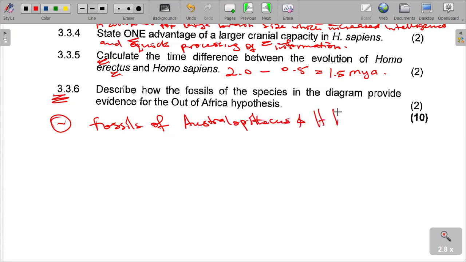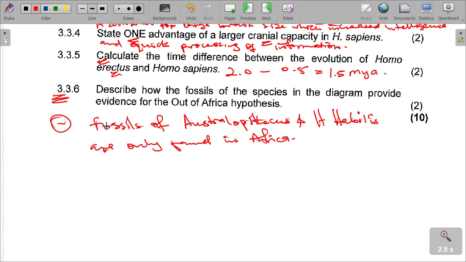The fossils of Australopithecus and Homo habilis are only found in Africa.